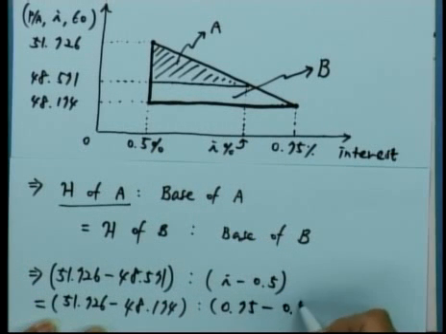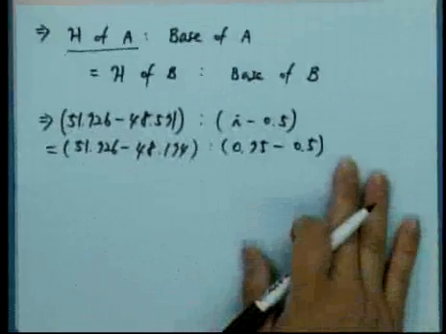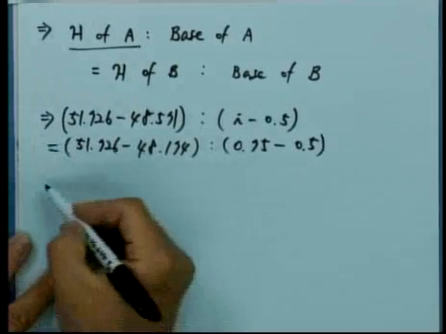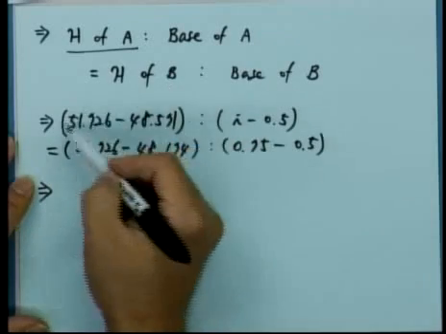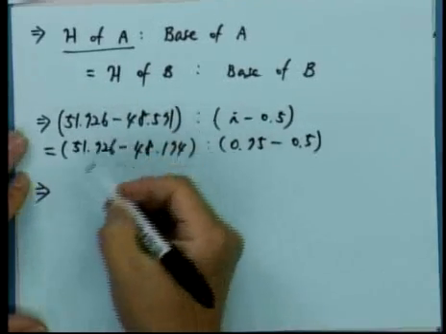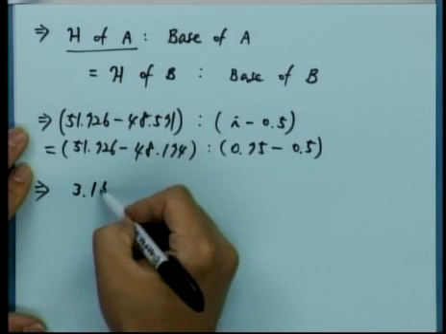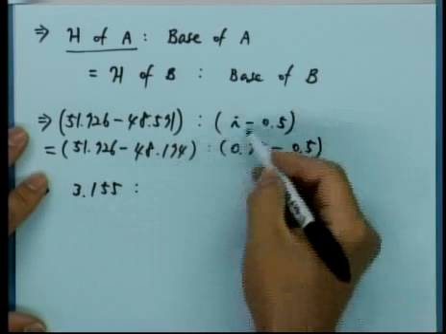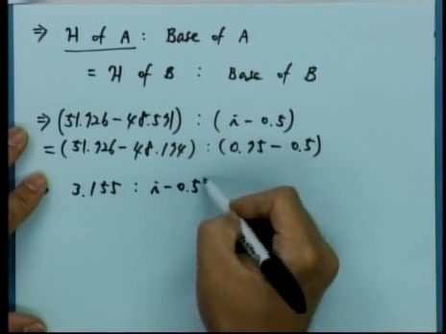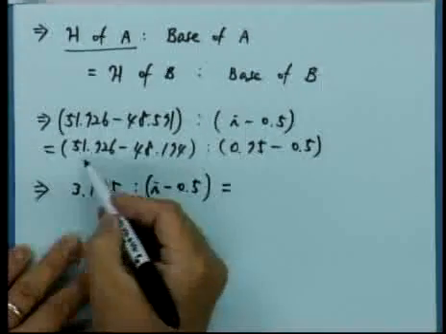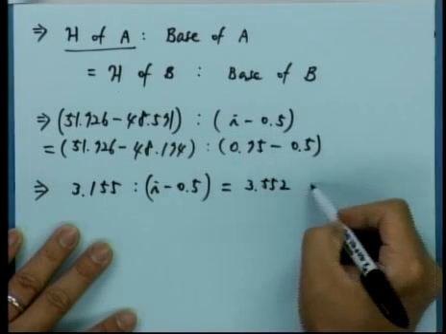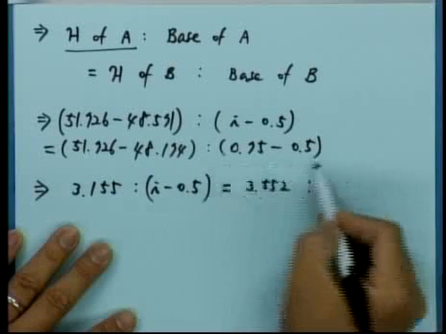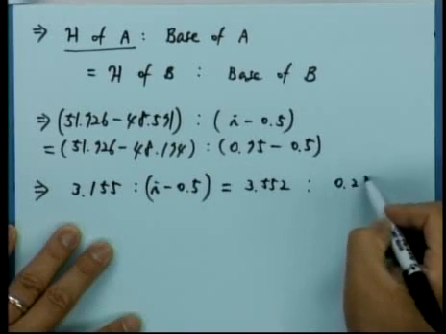So the height of triangle A is 3.155 versus I minus 0.5, okay, equals the height of triangle B, which is 3.552, versus the base of triangle B, which is 0.25.